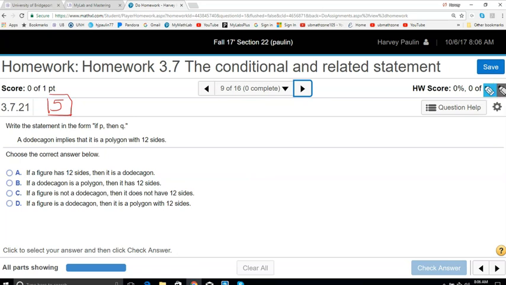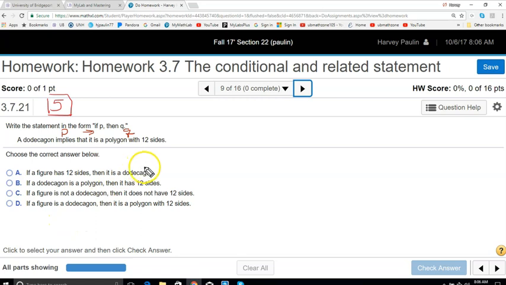All right, for number 5 now. A dodecagon implies that it is a polygon with 12 sides. Now we want you to write this statement in the form of P, then Q. And it's a matter of selecting what we have here.